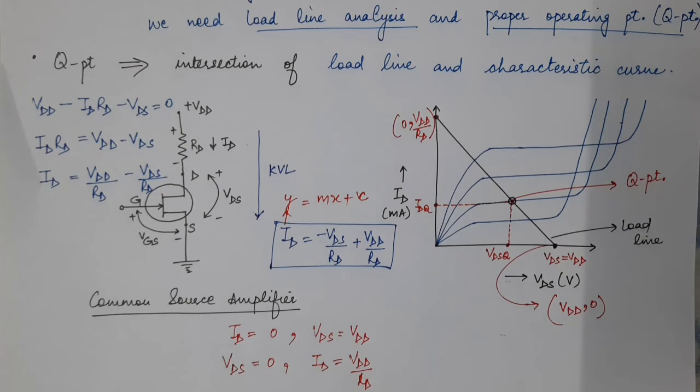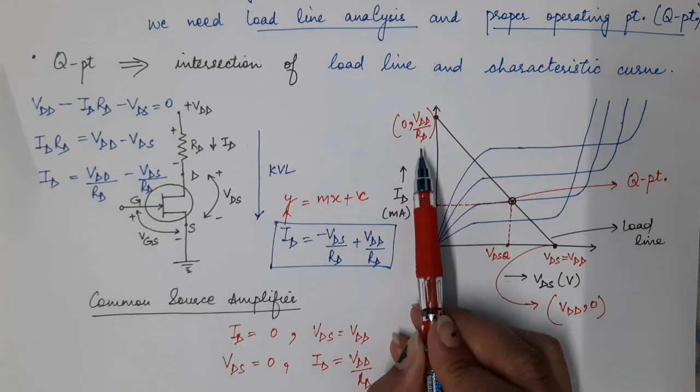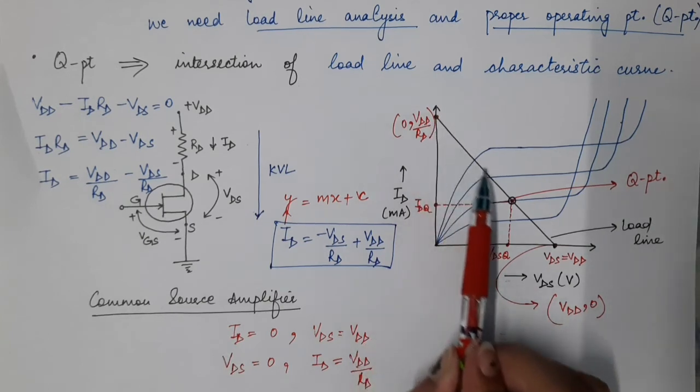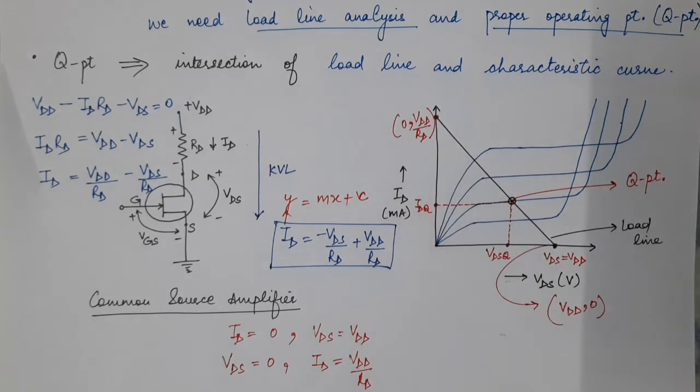So you will change the value of VDD and RD to shift this load line in such a way that you obtain a proper Q point. Because a proper Q point will ensure the proper biasing to get faithful amplification.